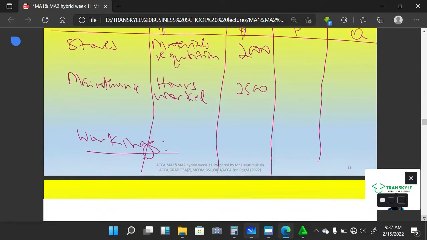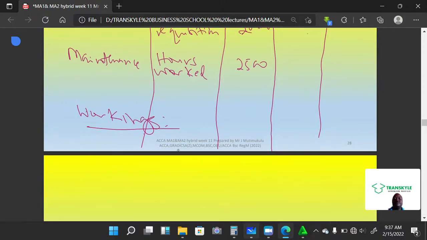Let us start with the workings for the reapportionment of service cost centers.